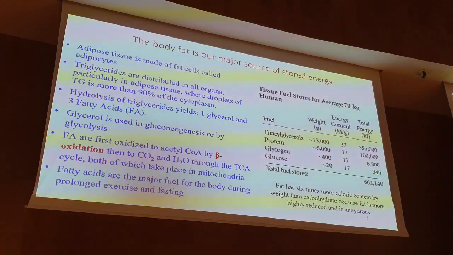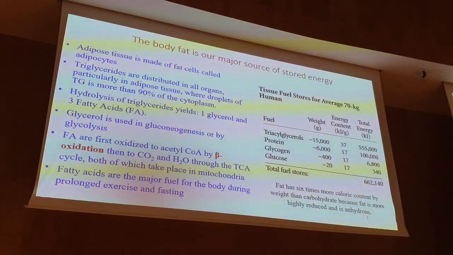It is in the form, as I told you last week, of triglycerides. Okay, and the triglycerides are essentially found, because they are made in the cytoplasm, in the cytoplasm as lipid droplets. When you break down the triglyceride, you're not going to get energy immediately.